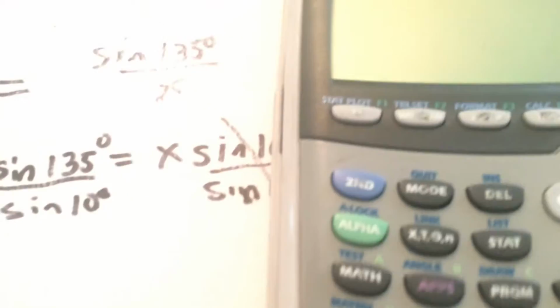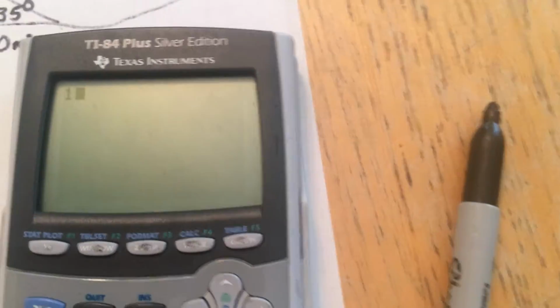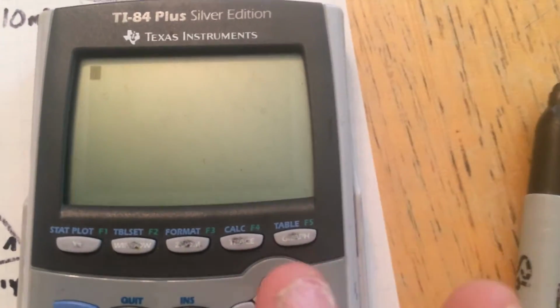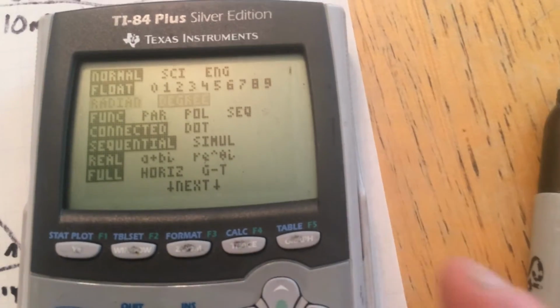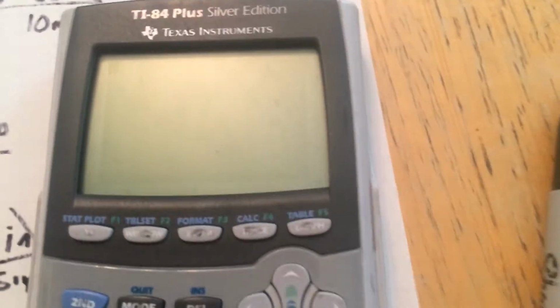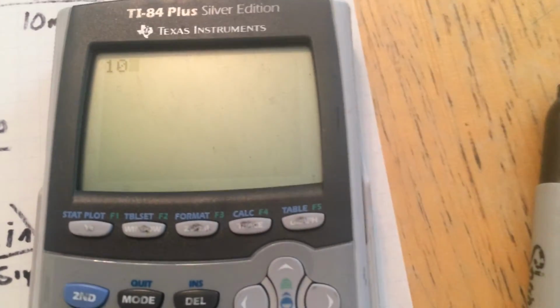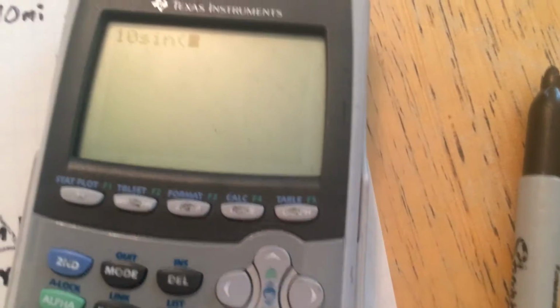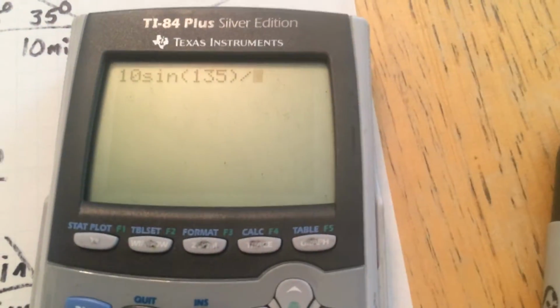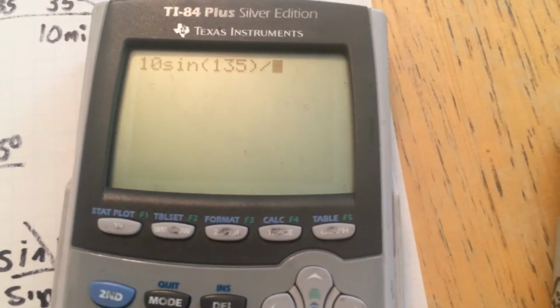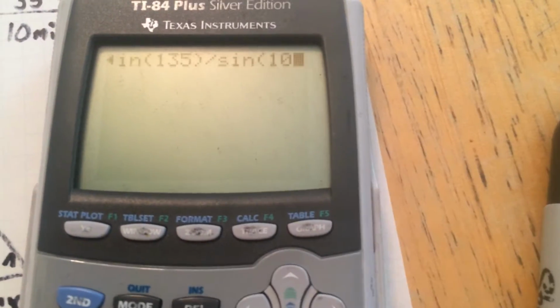So we're going to carefully type that into our calculator. And before you proceed, you want to make sure that you are in degree mode, which I am not. So that would cause an error in our calculations. Okay, 10 times the sine of 135 divided by the sine of 10.